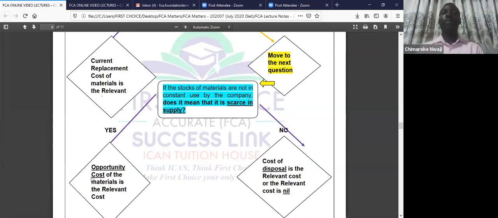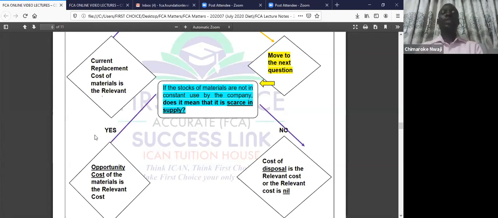When something is scarce, there is an importance attached to it. That means some items will be competing for the use of that resource. So you have to find out that if you don't use it to do cake, you can use it to do any other thing. Opportunity cost is important.